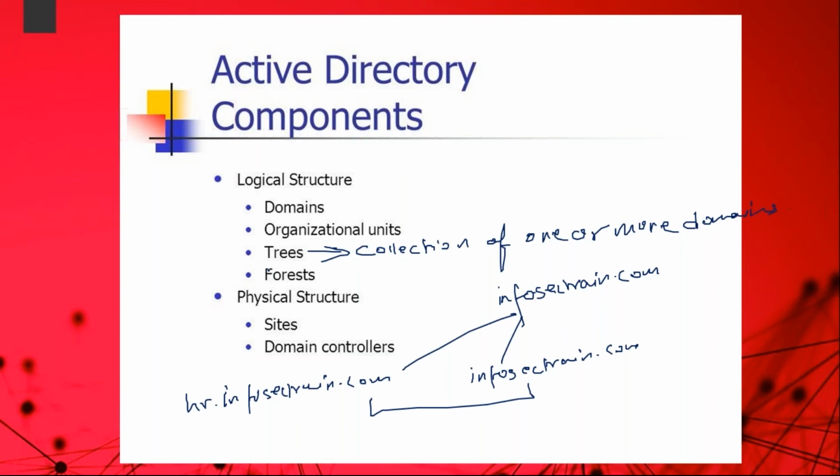Now that we have trees, what will be forests? What do we call a forest? A forest is a collection of one or more domain trees. Let's say we have the domain infosectrain.com, this tree, and the example.com we created could be another tree.